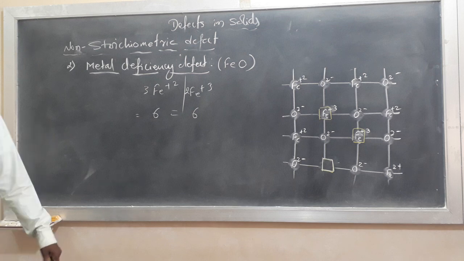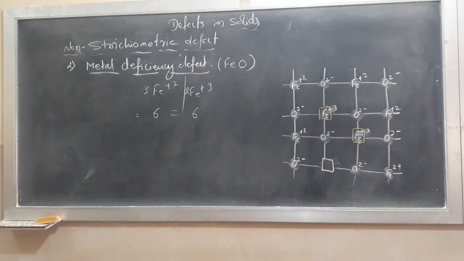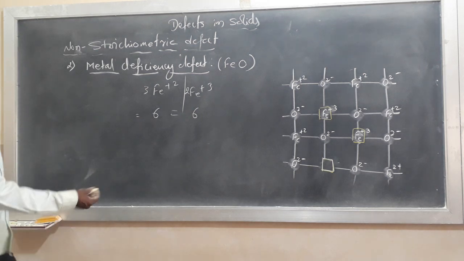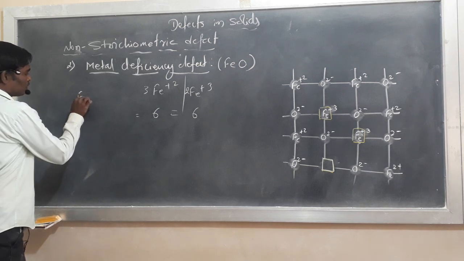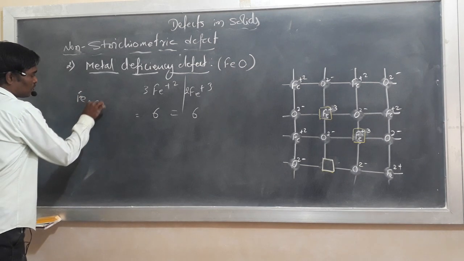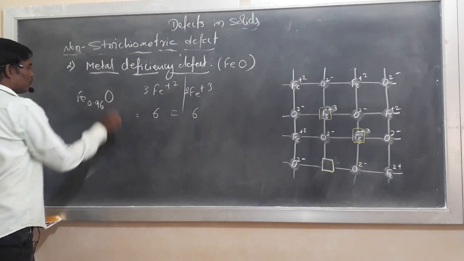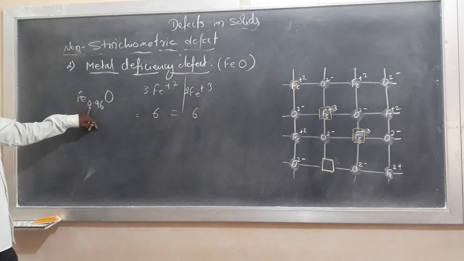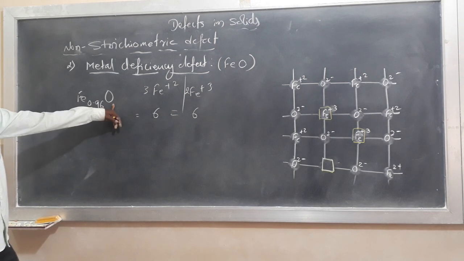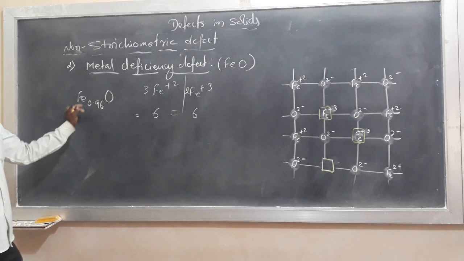The ratio of iron to oxide is Fe 0.96 to O 1. That means iron is 0.96 whereas oxide is 1. They are not in the ratio of 1:1.